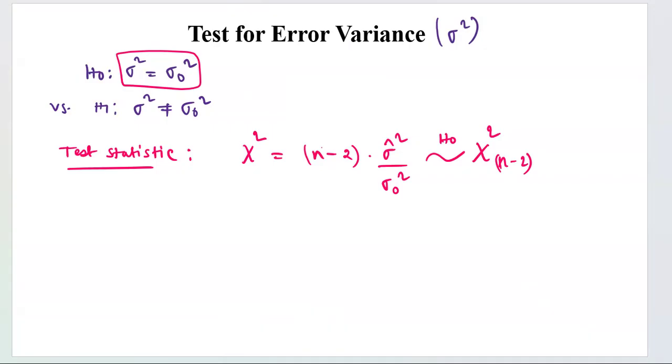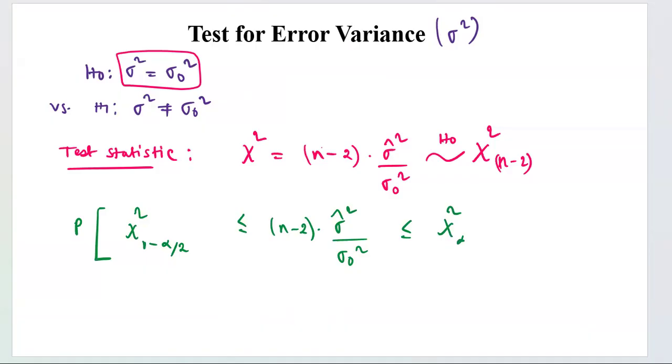Now we will find the confidence interval. Let's see how. Probability that chi-square 1 minus alpha by 2 is less than or equal to n minus 2 sigma cap square upon sigma naught square, which is less than or equal to chi-square alpha by 2, equals 1 minus alpha.